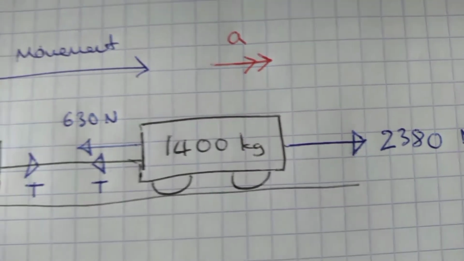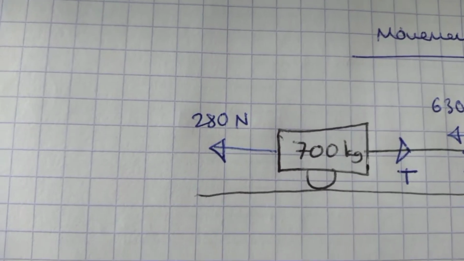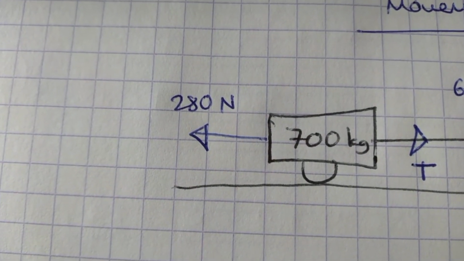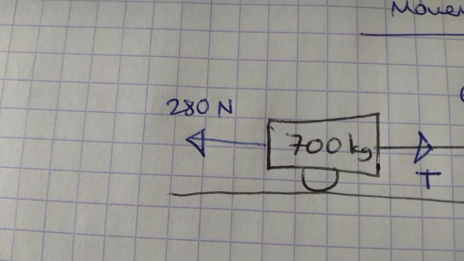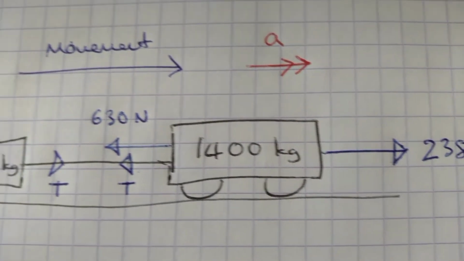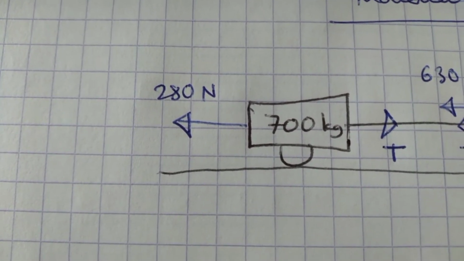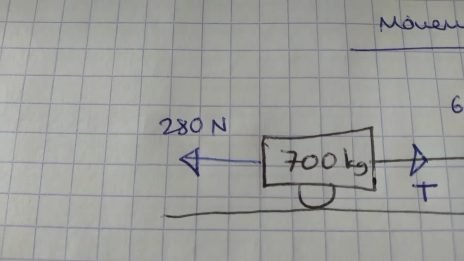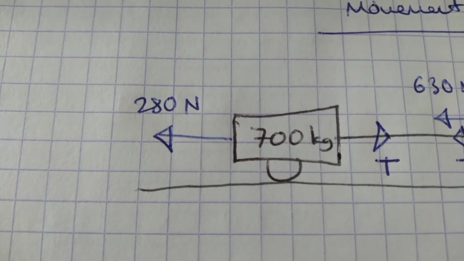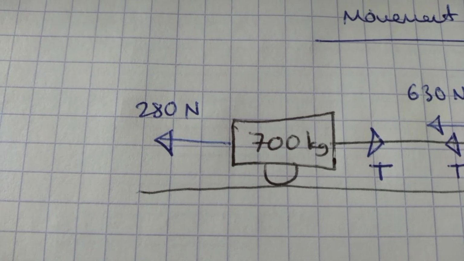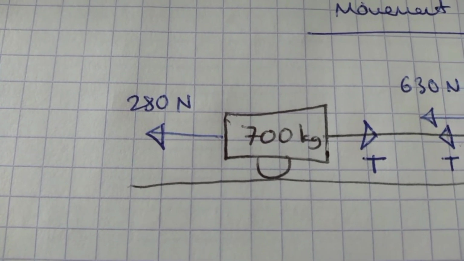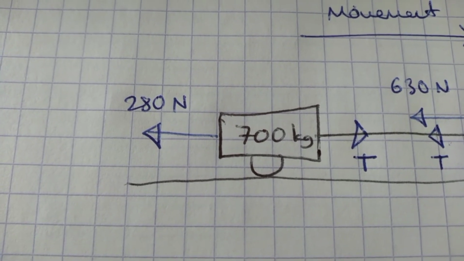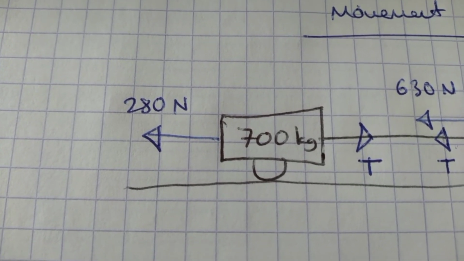And we know the acceleration. It's tempting to look at the car, but I'm going to just look at the trailer because I've only got two forces on the trailer. I've got three on the car. So for the trailer, start with the simpler one. Again, we're going to do F equals ma. The force that's pulling it forwards, well, that's T. And then we've got a resistance of 280, so it's going to be minus the 280.